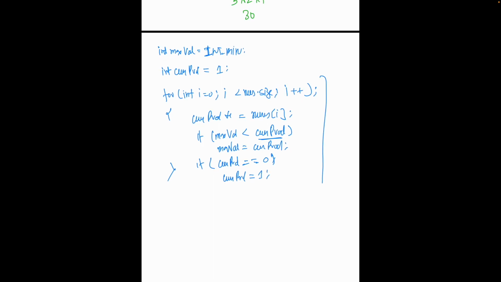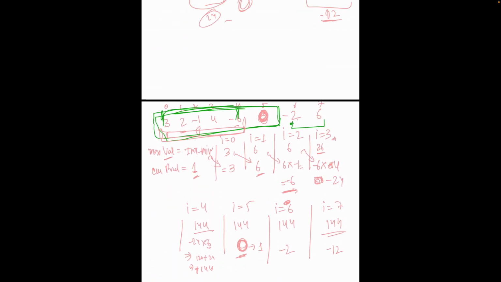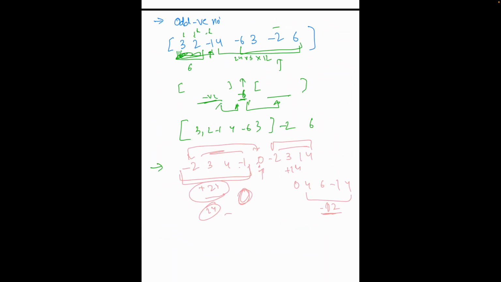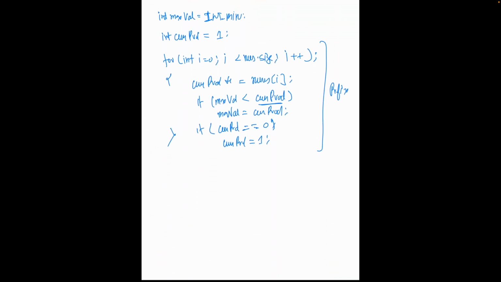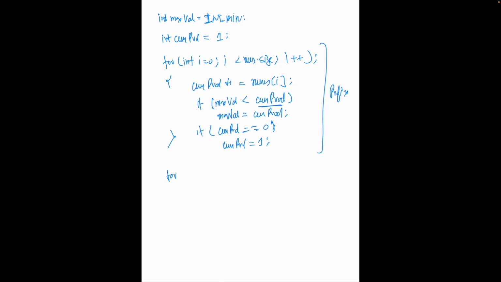Now this code is for prefix calculations from left to right, right? Because if we look at the question, we have to calculate prefix and suffix for each item, so now let's run another loop.